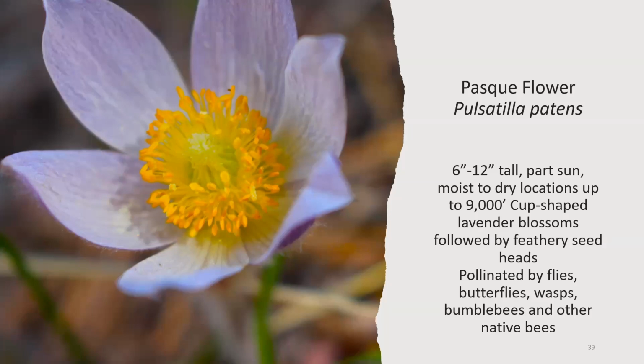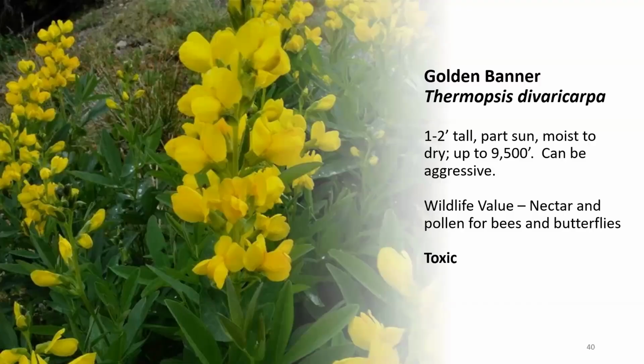The genus name has changed on this, so it's now called an Anemone. 6 to 12 inches tall, part sun, moist to dry locations up to 9,000 feet. Cup-shaped lavender blossoms followed by feathery seed heads, pollinated by flies, butterflies, wasps, bees, and other native bumblebees and other native bees. I do recall this from Shambhala Mountain Center as being one of the first things that blooms in the spring. And so it's good for those early pollinators.